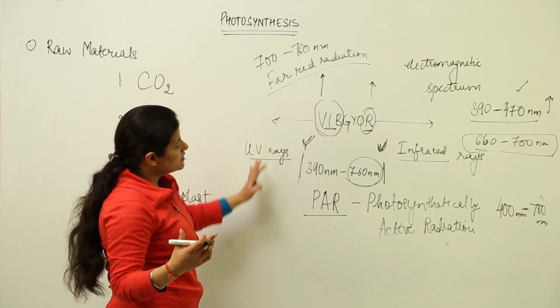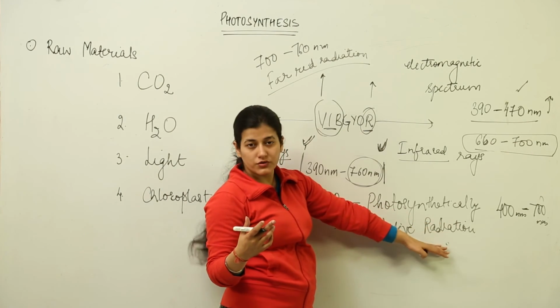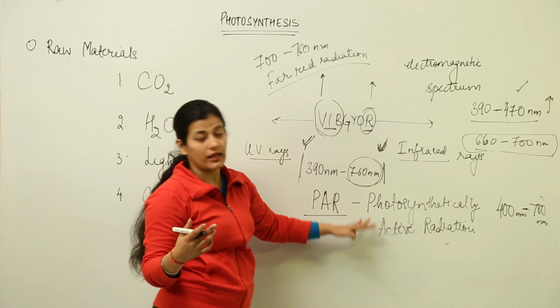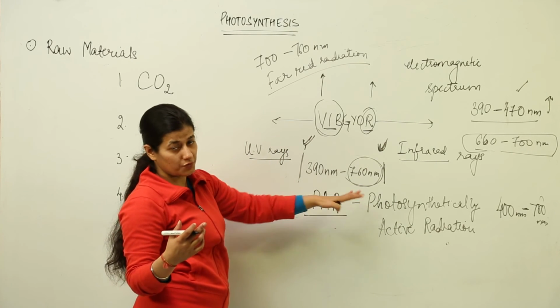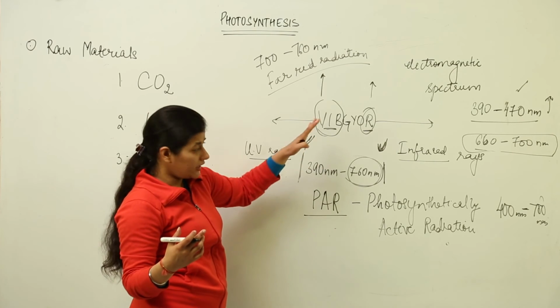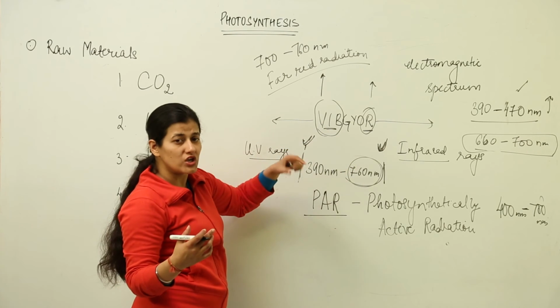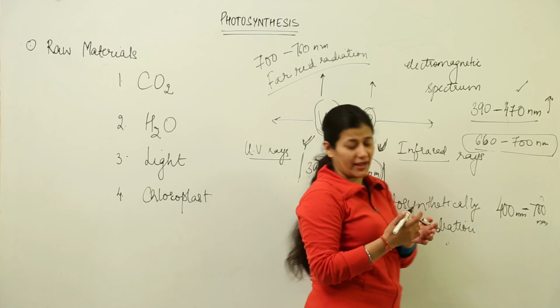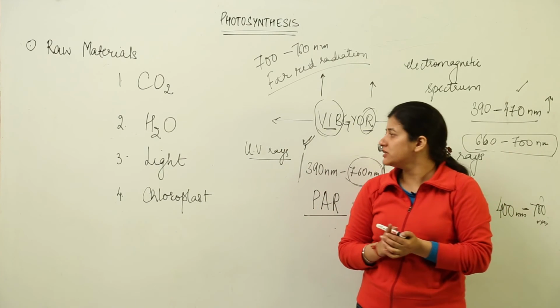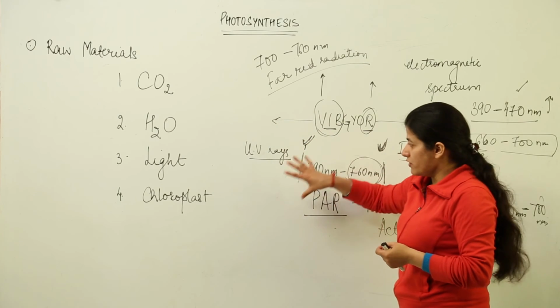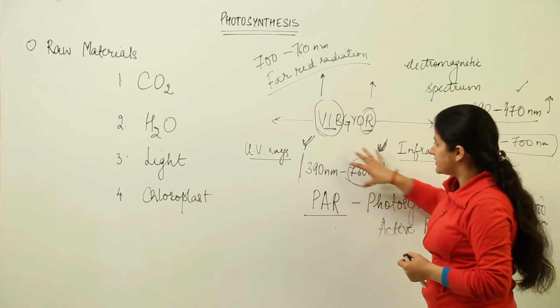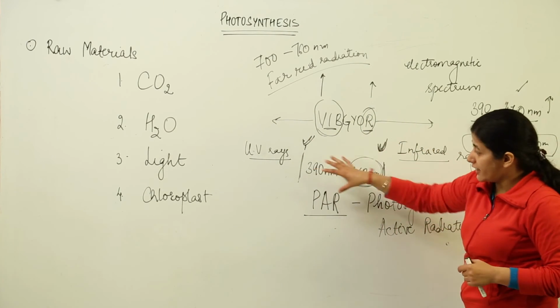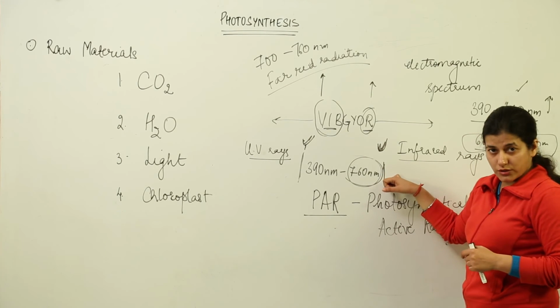So we have this much range of photosynthetically active radiation. In that, we have to keep in mind where the energy is higher and where it is lesser, and which is the crucial part. For that we have the action spectrum and absorption spectrum, which are covered in a different lesson. For now, you have to remember that this part of the sunlight, white light, in the electromagnetic spectrum has an important role in photosynthesis.